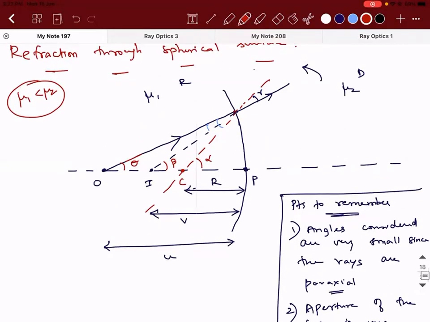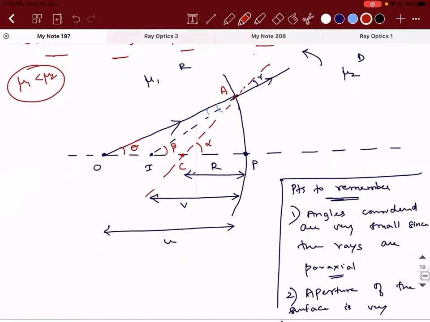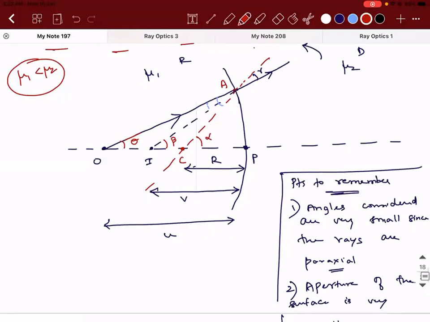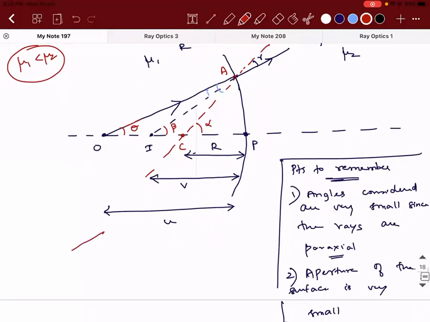So, if this is the case, then tell me what is the relation between, I take this point as A. Okay. If I take the triangle A, O, I, this is theta, this is beta, then how much is this angle?